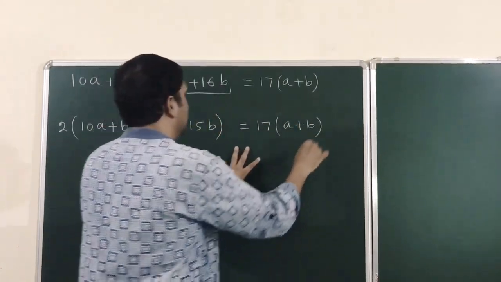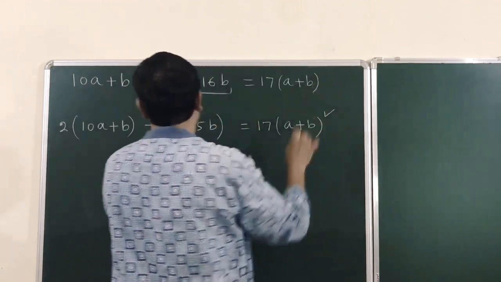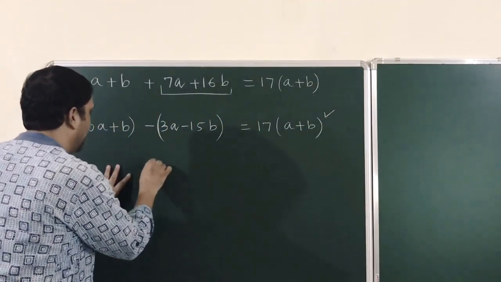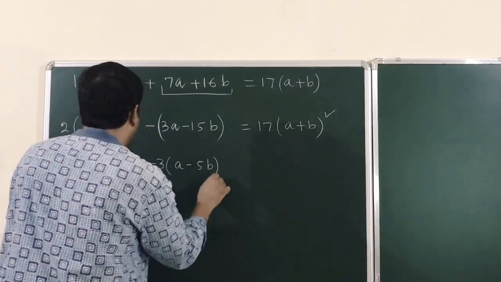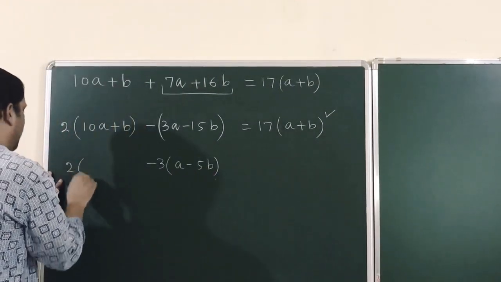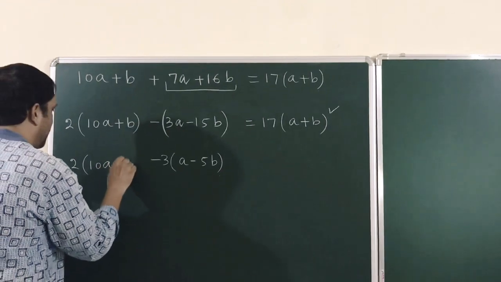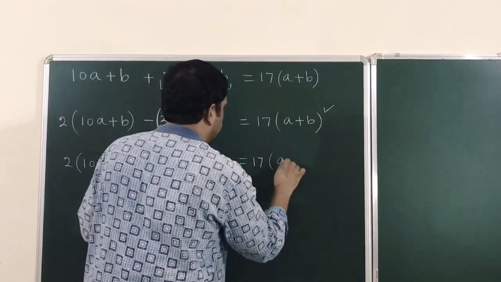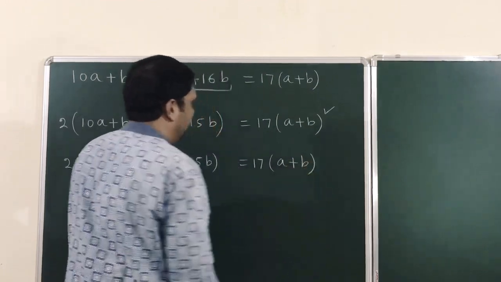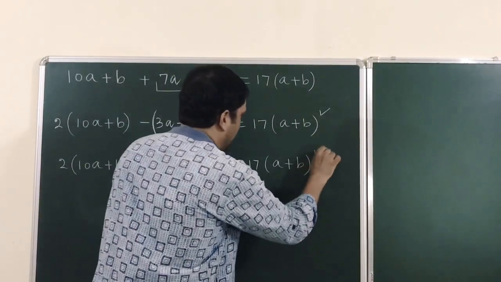So you can see this is a better approach than this one, because here further I can take 3 common and it becomes a minus 5b, and 2 times 10a plus b is equal to 17 times a plus b. So obviously this is divisible by 17.